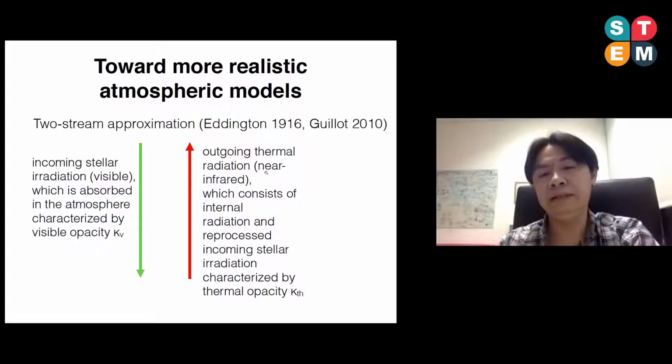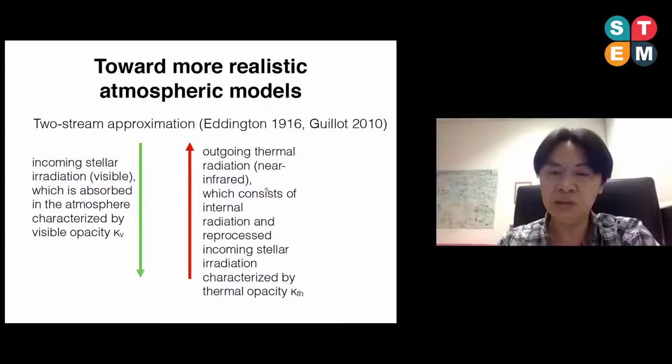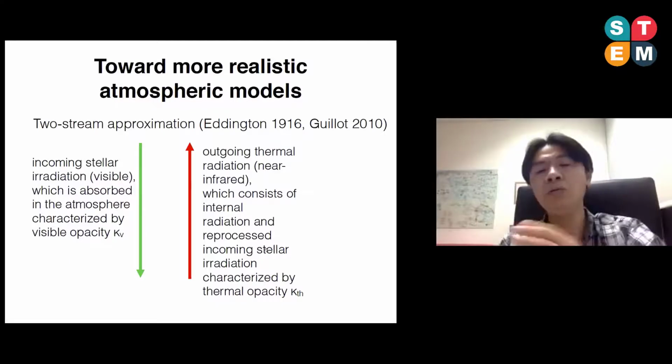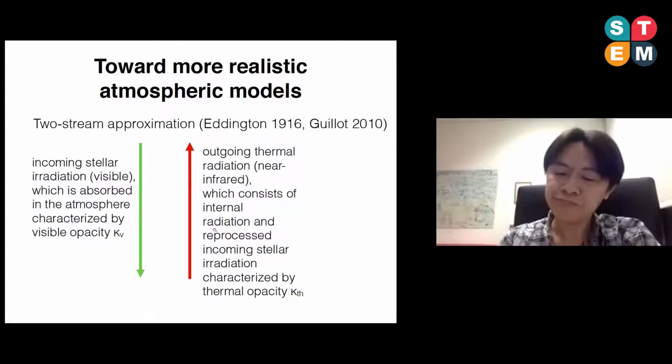Most of this lies at near-infrared wavelengths, which consists of internal radiation and, most importantly, reprocessing of the incoming stellar irradiation, characterized by the thermal opacity, kappa thermal. So the whole radiative transfer in the atmosphere is controlled by the two opacities.